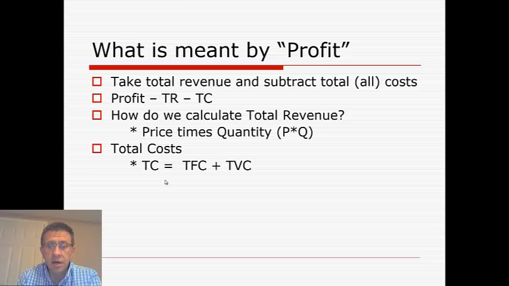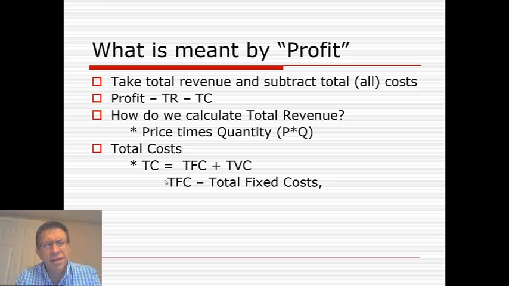Total fixed costs. So fixed costs are the costs that are fixed. That's a little bit of circular logic, but it's the idea that costs that aren't going to change regardless of whether you produce more or fewer units of an item. So if you think about the local pizza shop down the street, regardless of whether they sell no pizza in a given day or week, or if they sell 2,000 pizzas, the cost for renting the building's pretty much the same.